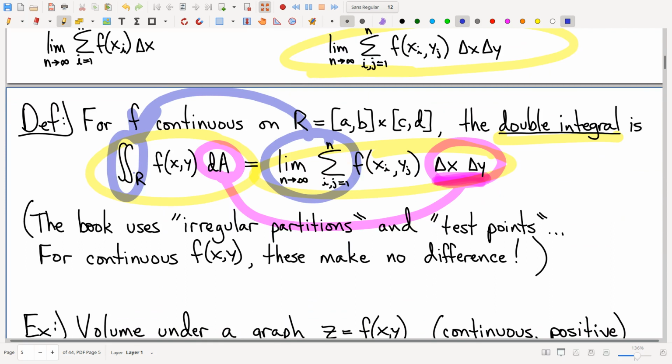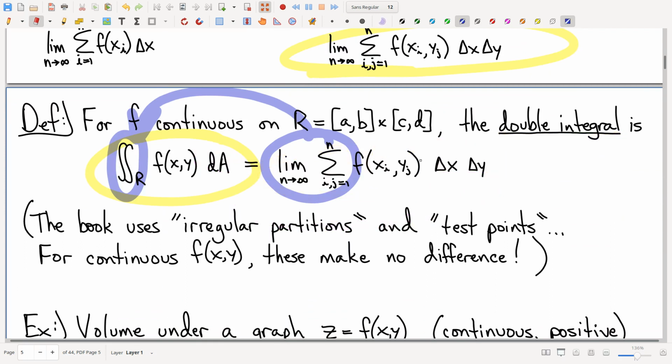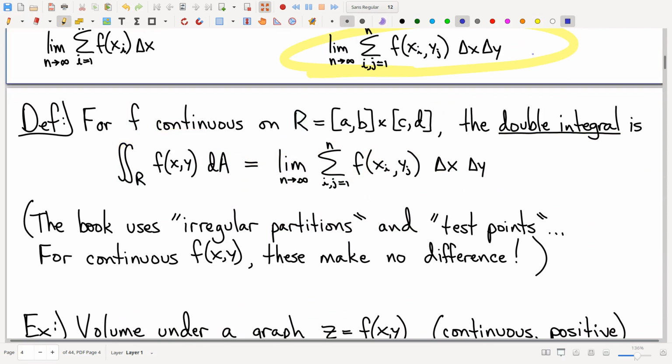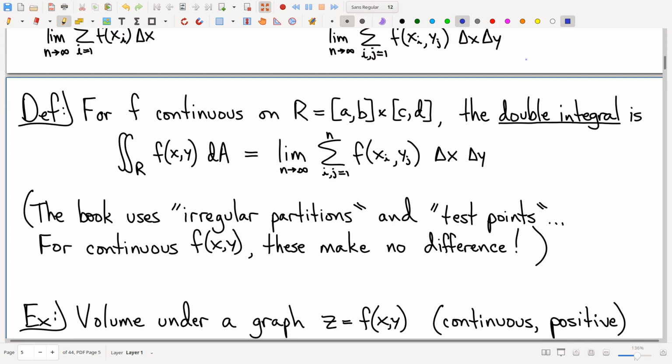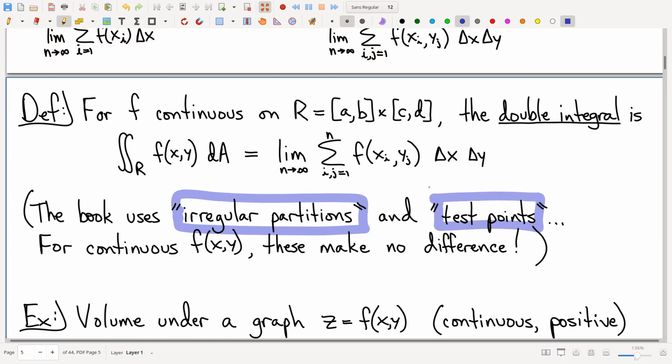Okay. All right. Now, good news. The book does a bunch of stuff that y'all don't have to worry about. And this is not a bad thing that the book does this. The book uses something called irregular partitions, and they talk about arbitrary test points. If you want to do some real serious, Math 431, Math 531 kind of stuff, you need this.